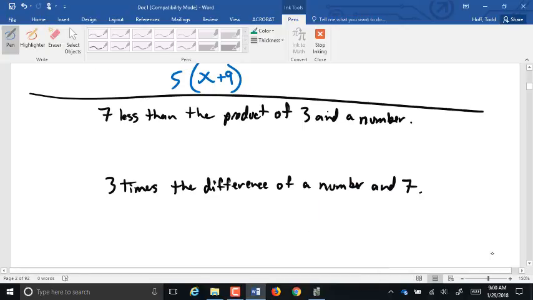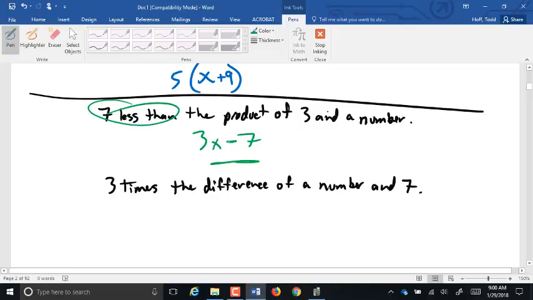So the first one, 7 less than the product of 3 and a number. What'd you come up with? 3x minus 7. Very good. 7 less than implies that 7 is being subtracted from something. That's the minus 7.